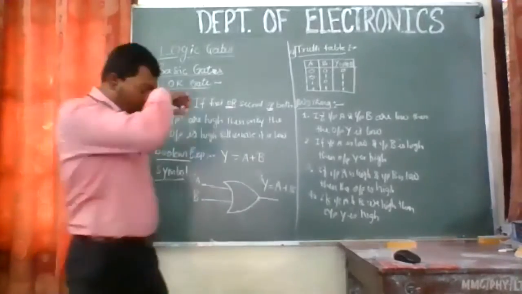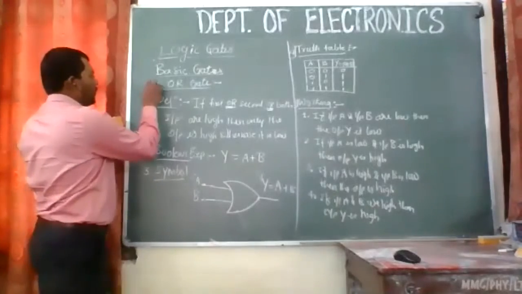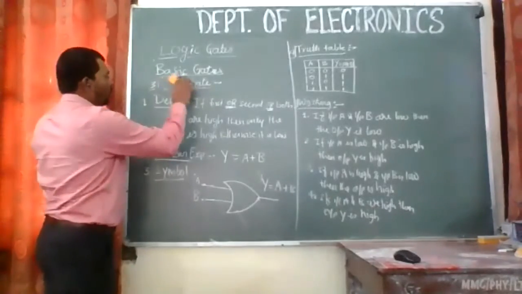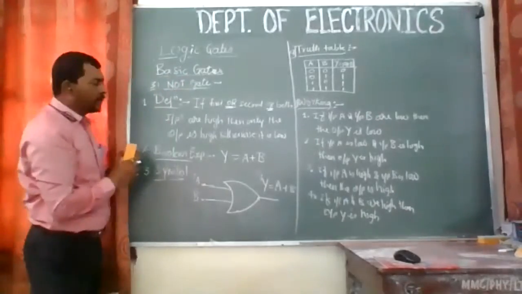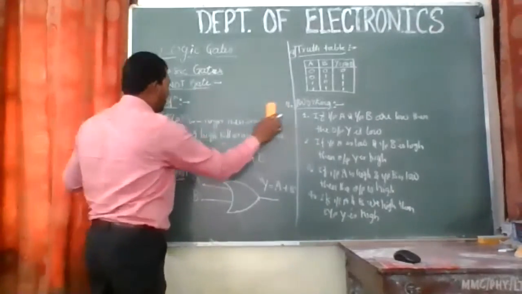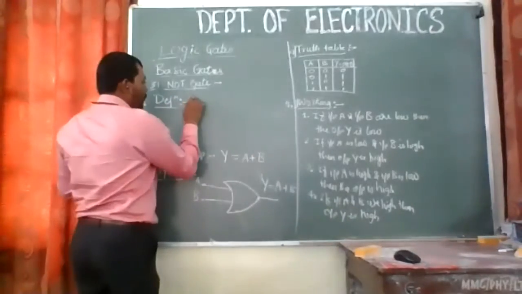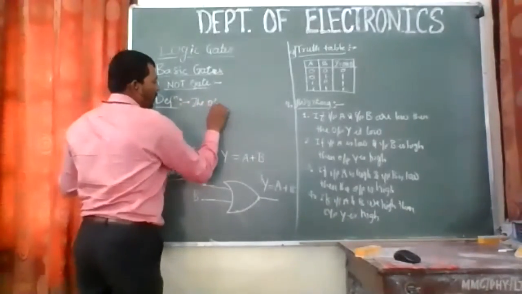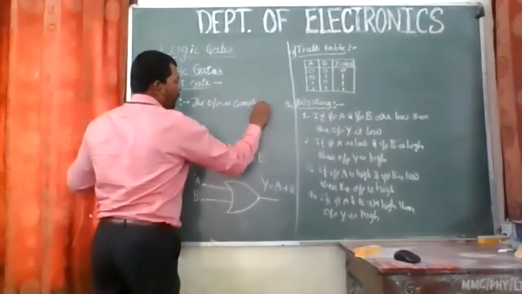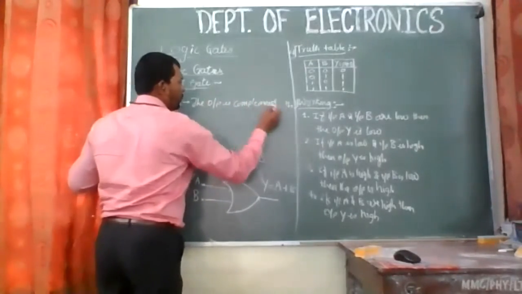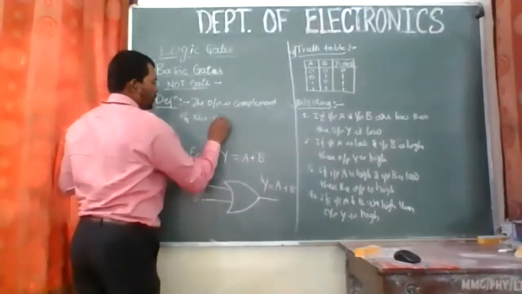The third gate that we are expecting to study is the NOT gate, the third basic gate. The definition is very simple: the output is the complement of the input.